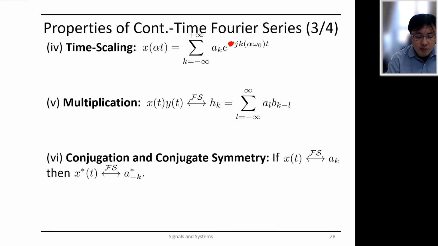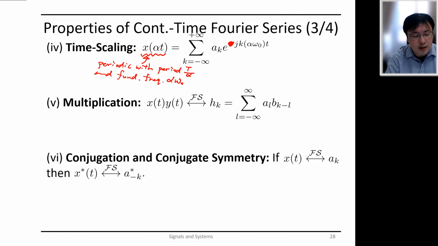This is because, if x of t is periodic with period capital T, then x of alpha t would actually be periodic with a scaled period, with period T over alpha instead of capital T. Or you can say that it has a fundamental frequency of alpha omega naught.